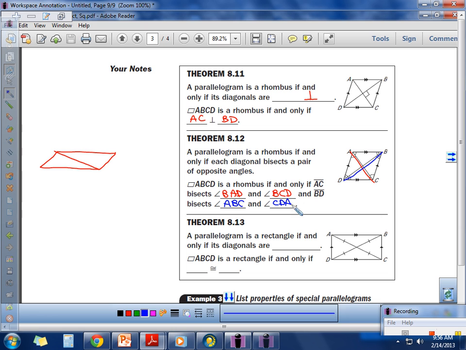So a lot of times we like to write out our own shortened little property to the side. What's our short little property for this one right here? On a rhombus, diagonals are perpendicular. This is only for a rhombus.